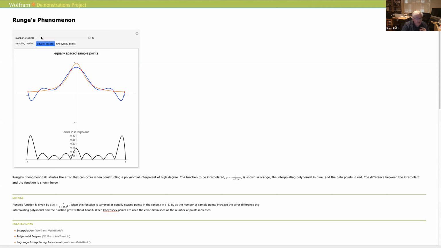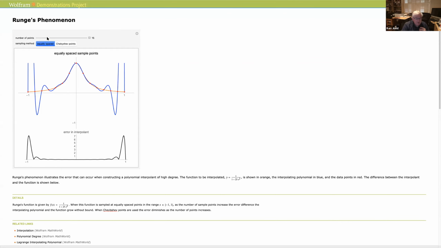Well, okay, that looks like it's getting better. Let's bump it up to 15. Well, that's looking nice in here, but it's not doing so well out here. But maybe by just throwing more points in a higher order degree polynomial, well, no, that doesn't work.